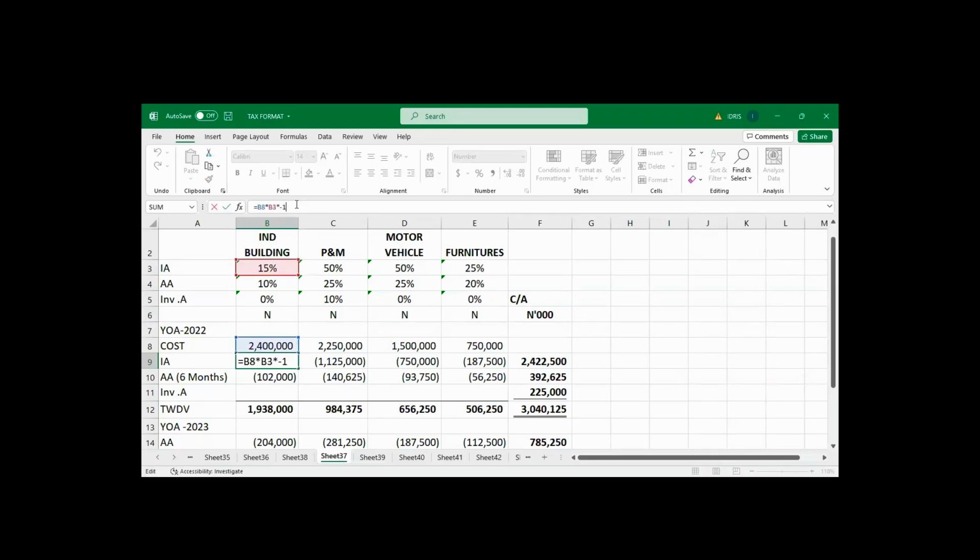Of the cost, 2.4 million. Can we see the Excel? Yes, sir. That means 15% times 2.4 million gives us how much? 360,000.